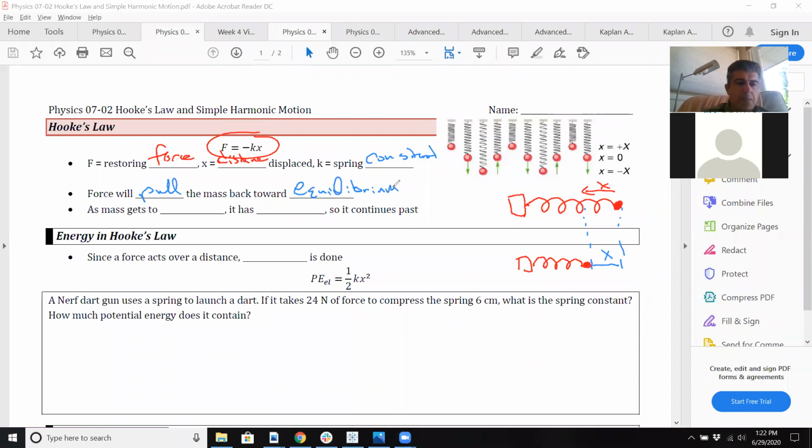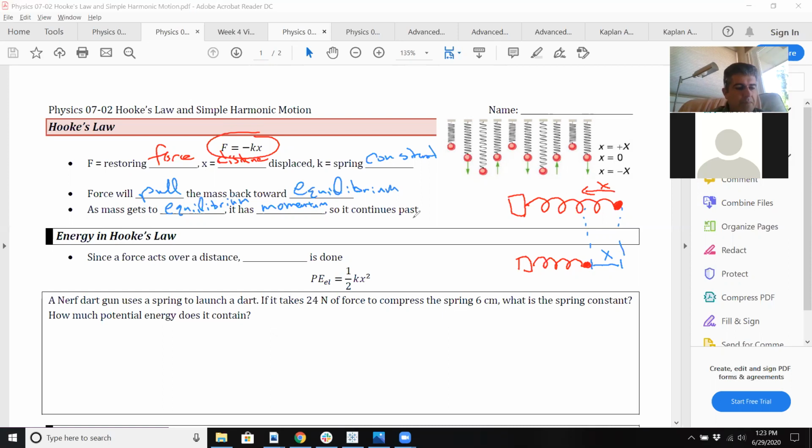As the mass gets to equilibrium, it has momentum, so it continues past. I think what's meant is that if you pull on it, it's going to move and it'll have momentum. I'm not 100% sure what that third bullet point means.